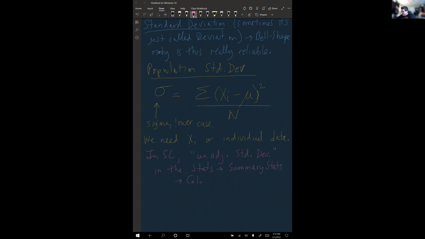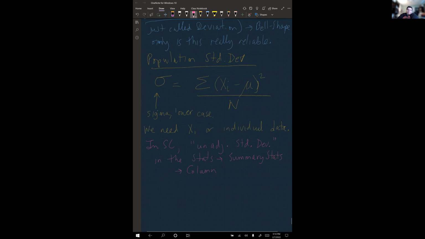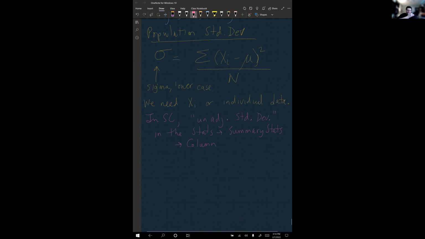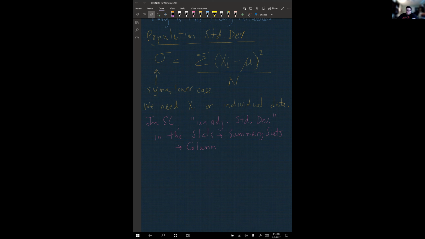We'll look at that again in a second. But we need to talk about sample standard deviation because it's slightly different. It's almost entirely the same except for a single difference.